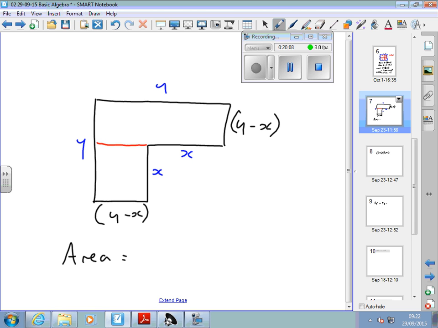I can write down the area of this rectangle, which is going to be y times y minus x, plus an expression for this smaller area down here, which is going to be x times y minus x.